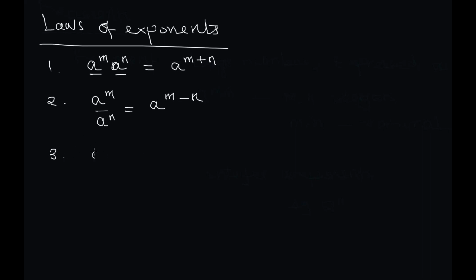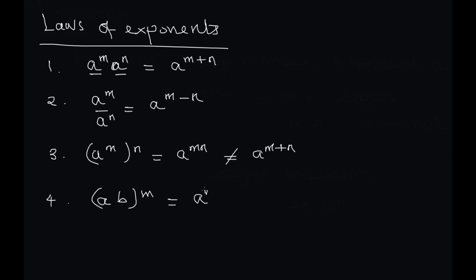These are patterns we need to be able to remember, because we need to see these patterns when we have complex calculus or maths. Then a power m, all power n, becomes a power mn, and that is not equal to a power m plus n again. So we have to remember that. We make so many mistakes with this. Then ab power m, we expand everything into the brackets, and it becomes a power m, b power m. The m touches both of the numbers inside the brackets.